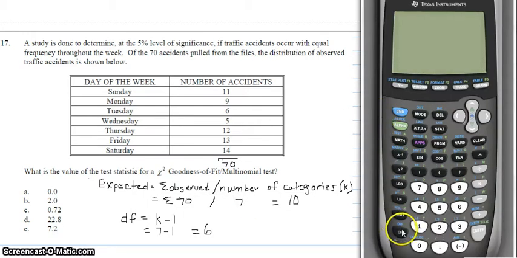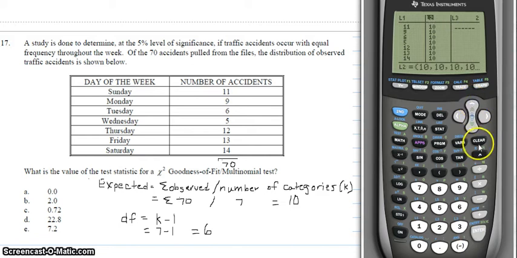First thing we need to do is enter our values in the calculator. So we'll go to Stat and Edit. We need to clear out any old values, so make sure that your calculator is clear of old values. You can do this by arrowing up to the top, hitting clear, coming back down. That will clear out your old values.